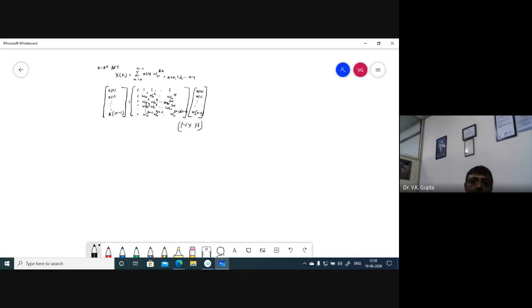So this is an N cross N matrix and this is N cross 1. After multiplication, N cross N multiplied by N cross 1, the output will be an N cross 1 matrix.